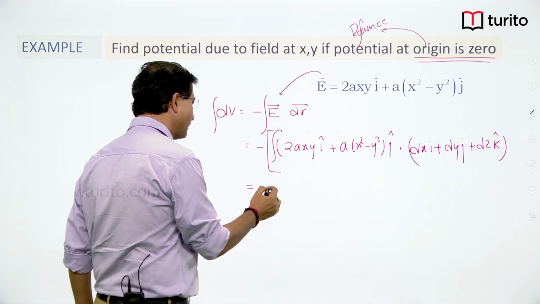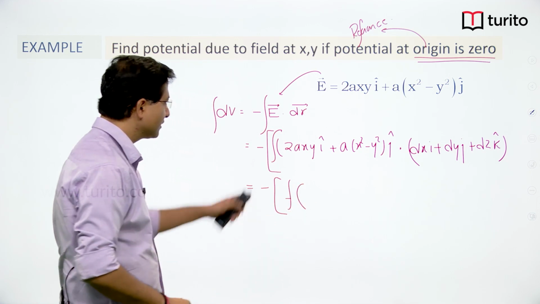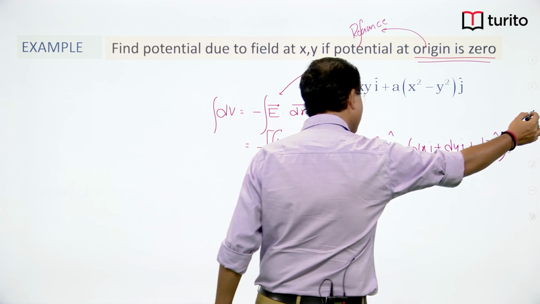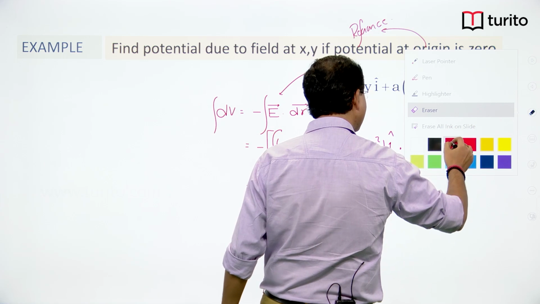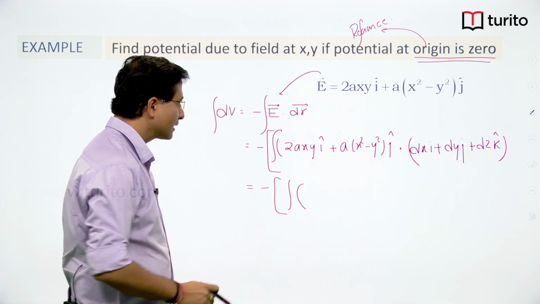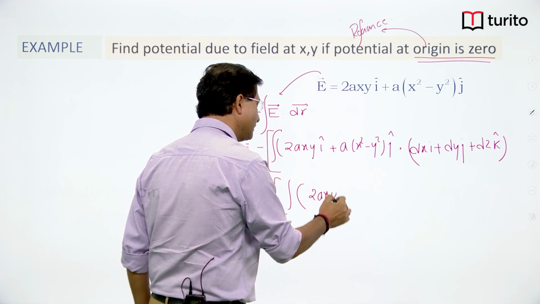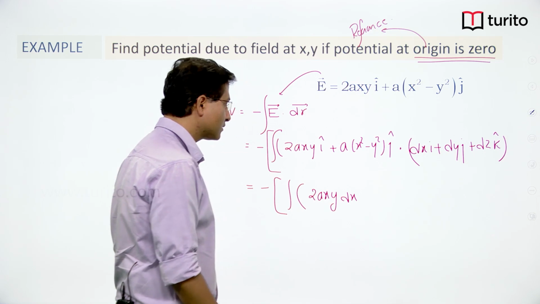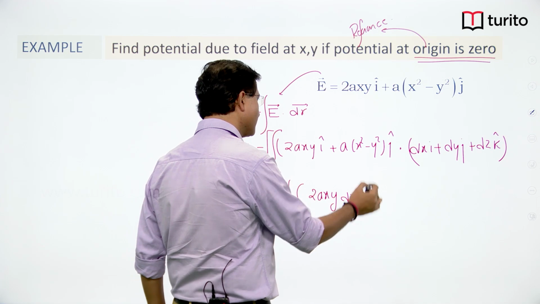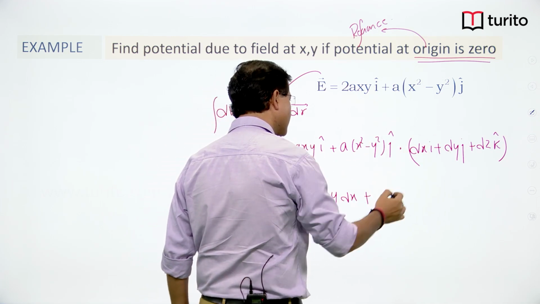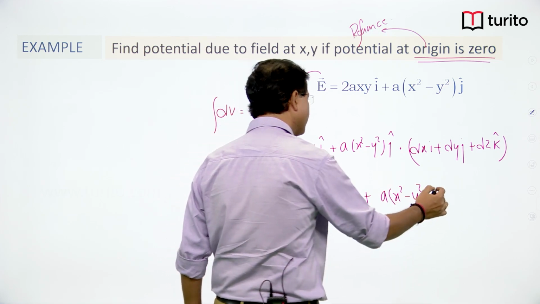So I can write minus in bracket integration, look at this one, this dot product i dot i is 1, so this will become 2axy dx, first term. Look at the second one, plus this dot product a(x square minus y square) dy.